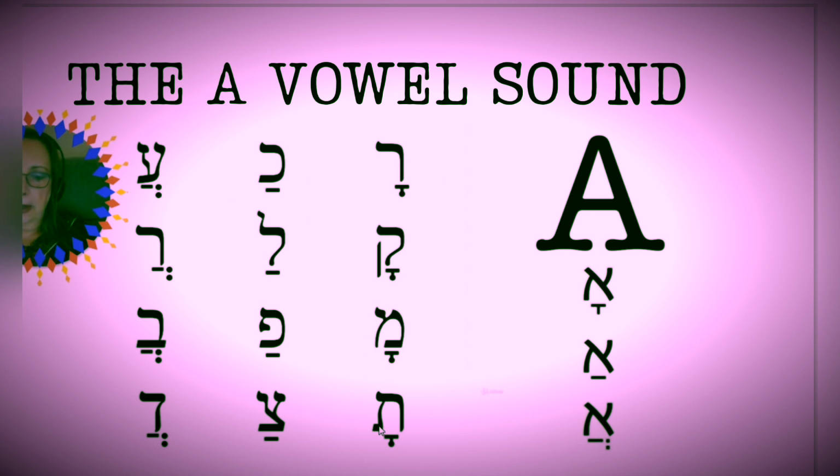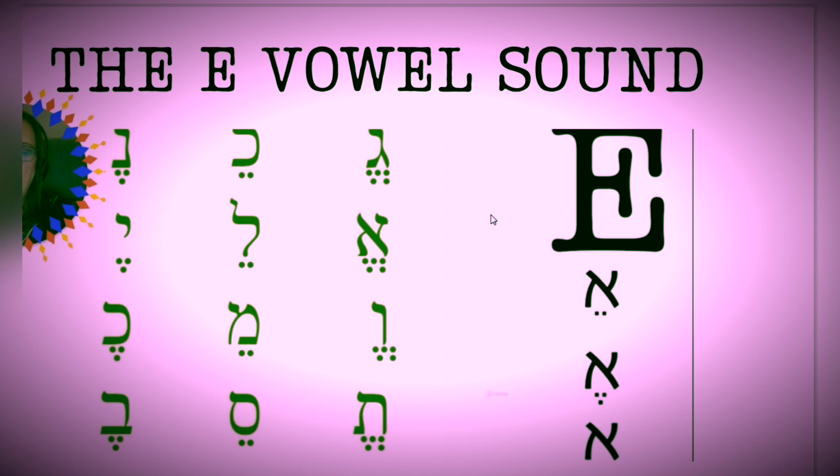Remember that little tail, T for tail. And we have cha, la, fa, za, a, ra, va, and da.